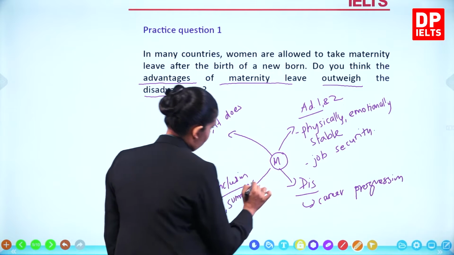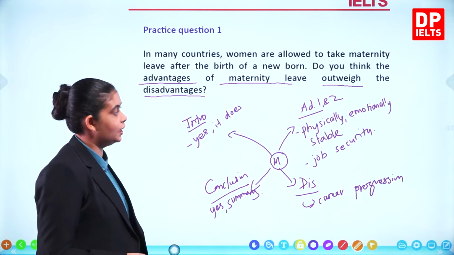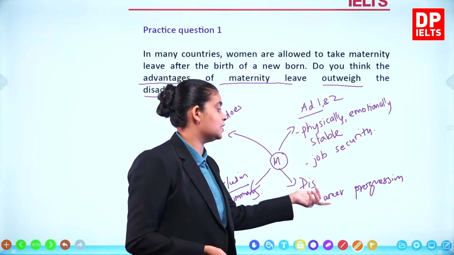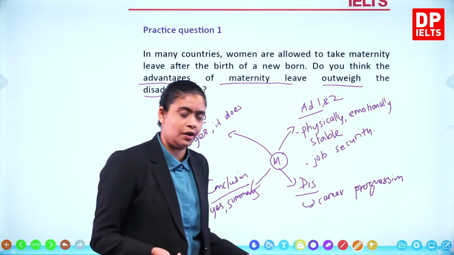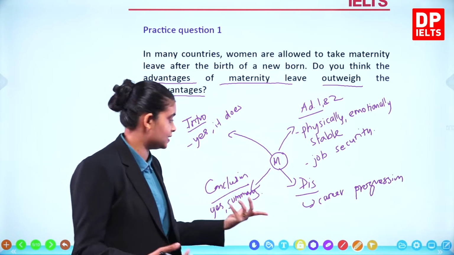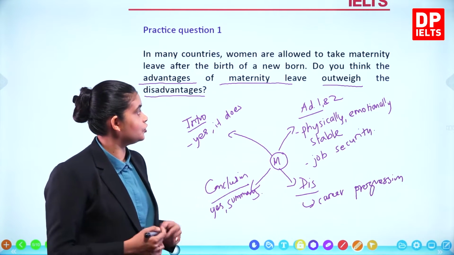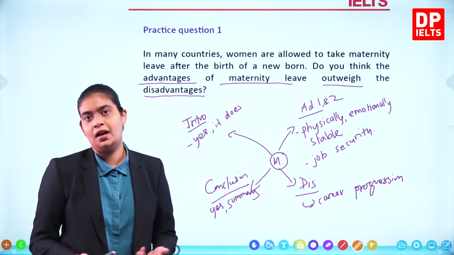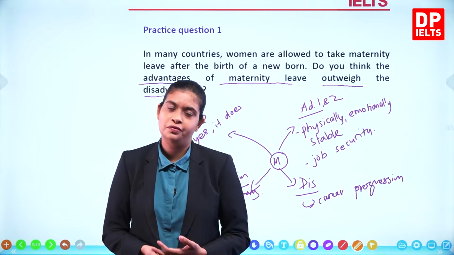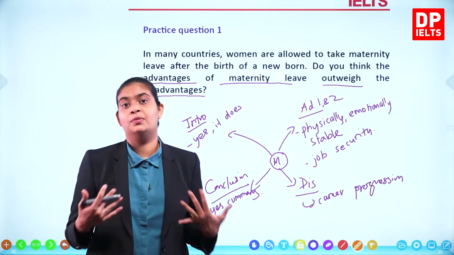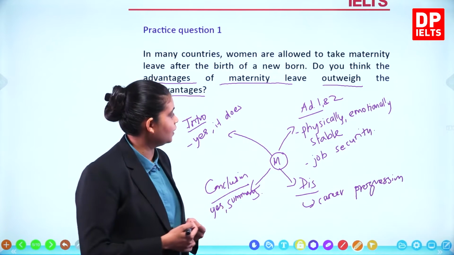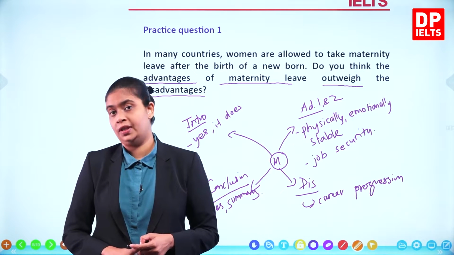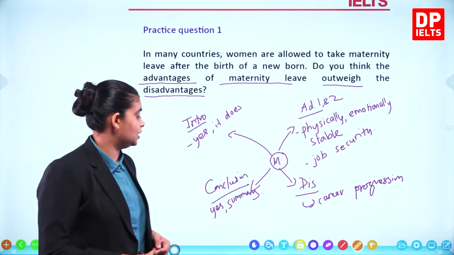So I write my introduction, I write the advantages, I write the disadvantages, at least one, and refute back and say, no, I still think there should be maternity leave so that the mom is stable, she has enough time to get used to the newborn, and to be emotionally stable and things like that. I feel there should be maternity leave. However, you can disagree if you want to. It's your choice.